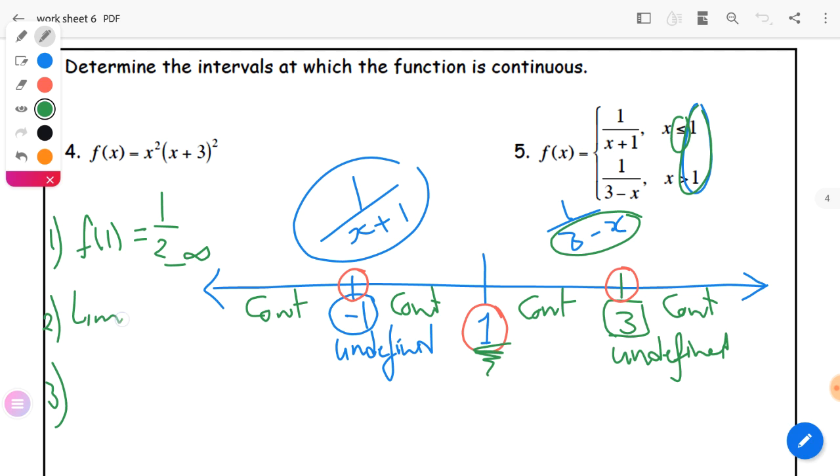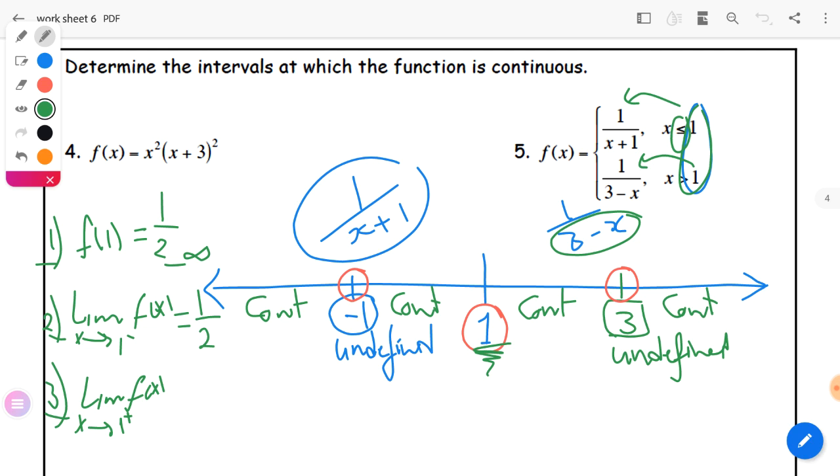Limit f of x when x approaches 1 from the left, limit f of x when x approaches 1 from the right. If the limit from the left equals the limit from the right equals the value of the function, then the function is continuous at this point. That is the definition of continuity. From the left, replace here, because it is less than, it will be 1 over 1 plus 1, which is 1 over 2.